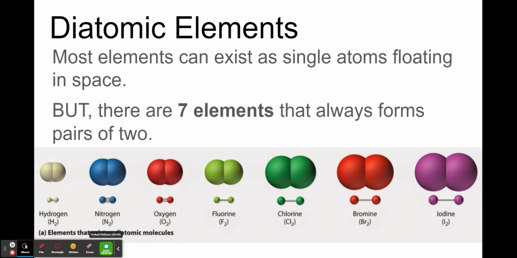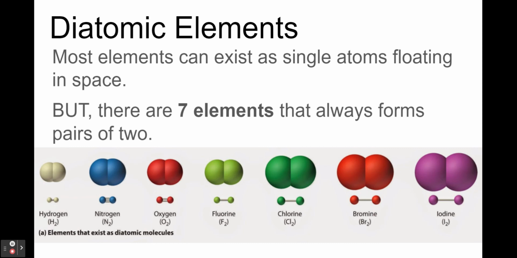If you have a pure sample of them, instead of just being a bunch of individual atoms of that element, they form diatomic molecules, meaning that 2 atoms of the same element bond together and form pairs. They don't like to be lonely, they like to be in pairs. And those 7 elements are hydrogen, nitrogen, oxygen, fluorine, chlorine, bromine, and iodine.